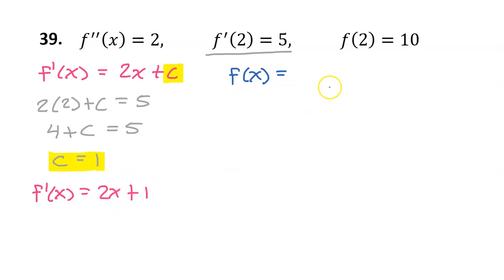Looking at the 2x, the x becomes x squared, and then I divide by my new exponent. But 2 divided by 2 is 1. They cancel each other out. So I guess I don't need so much space. And then the antiderivative of 1 is x.